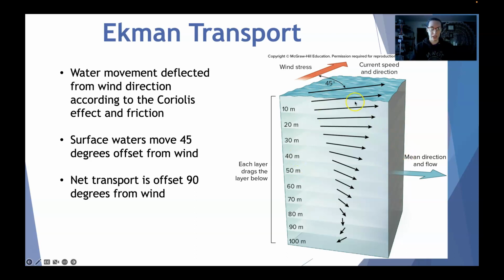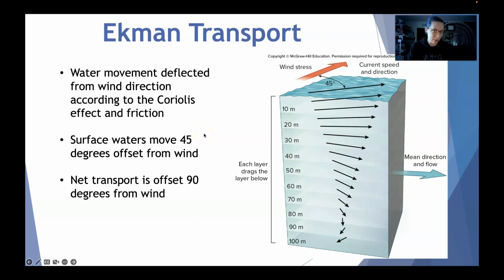So at the surface, we would see a 45-degree angle from where the wind is blowing to where the actual surface waters are moving. And then in each subsequent layer, as we go further and further down the water column, friction is at play here. So you have Coriolis and you have friction. So then the overall net transport of water is actually 90 degrees to the right of the wind movement in the northern hemisphere, and it'd be to the left in the southern hemisphere.